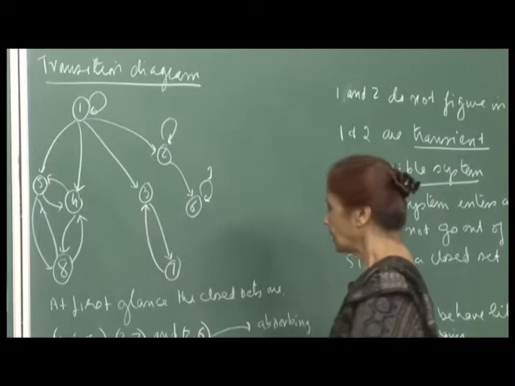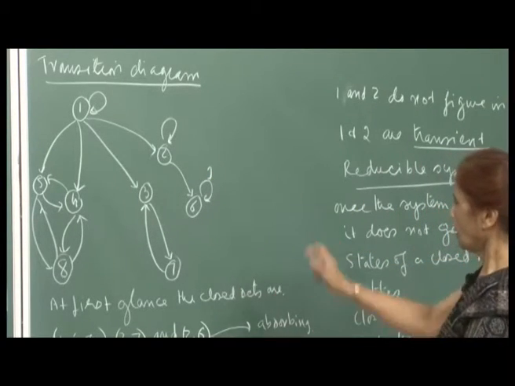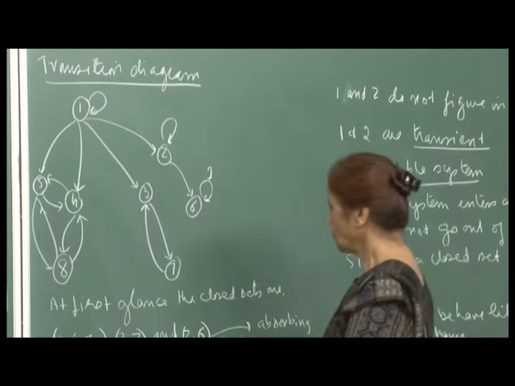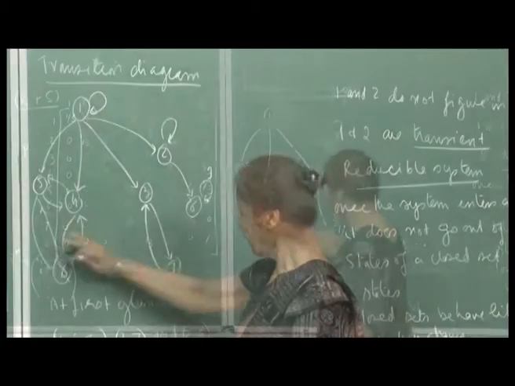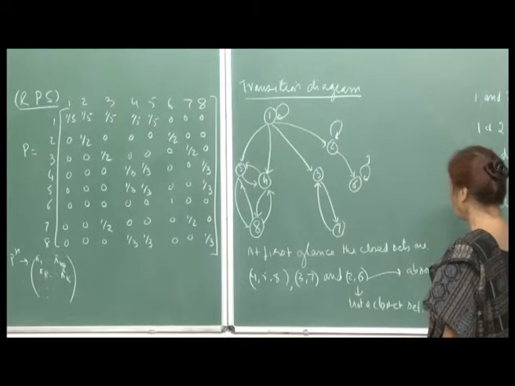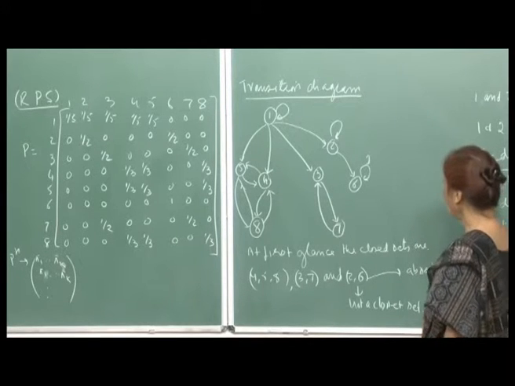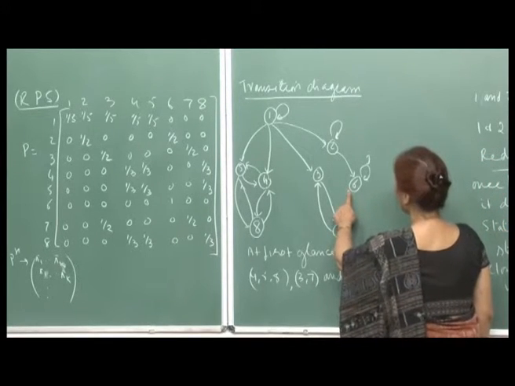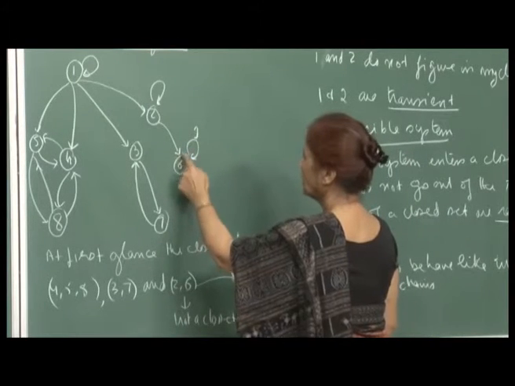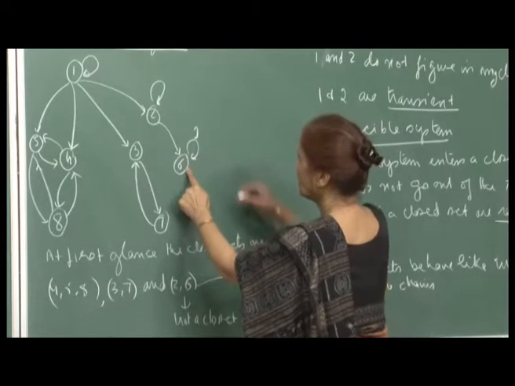So, fine. Now if you just glance at this transition diagram, you will see that 4, 5, 8 are connected, 3, 7 are connected, and you may say that 2 and 6 are connected. But when you go further, you see that there is no arc from 6 to 2, and when you reach 6, the probability of coming back to 6 is 1.